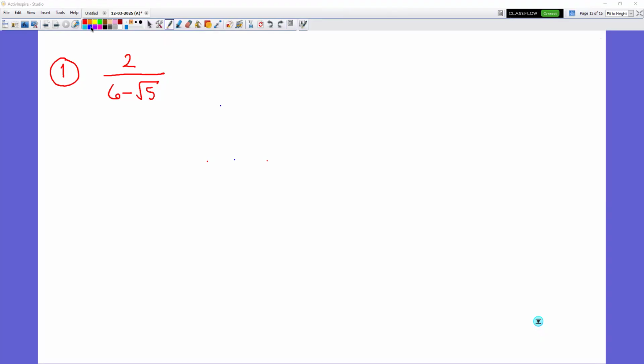So we're going to take the 6 minus square root of 5, okay? And what we're going to do is look for what is called the conjugate. The conjugate, okay? This is a very important word. So we're going to find the conjugate of 6 minus the square root of 5. Now, what does conjugate mean?